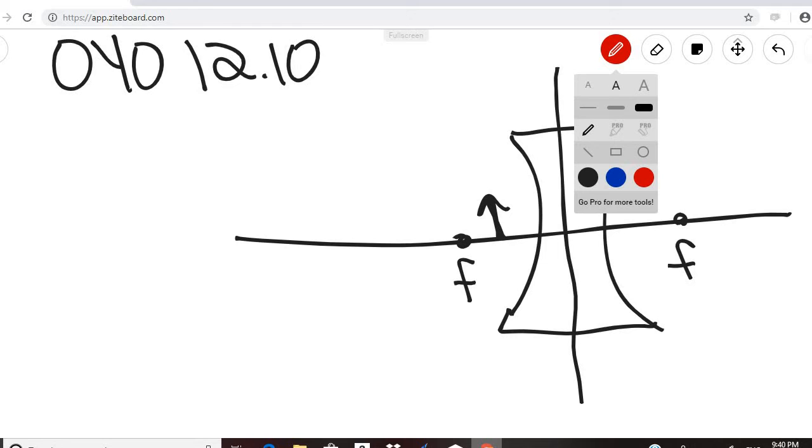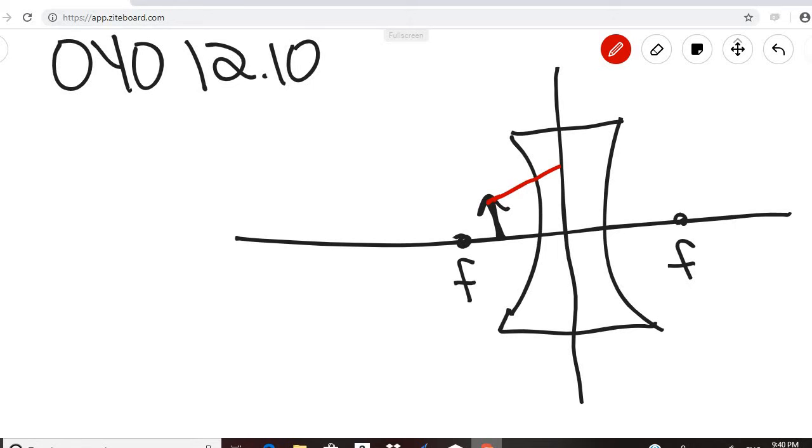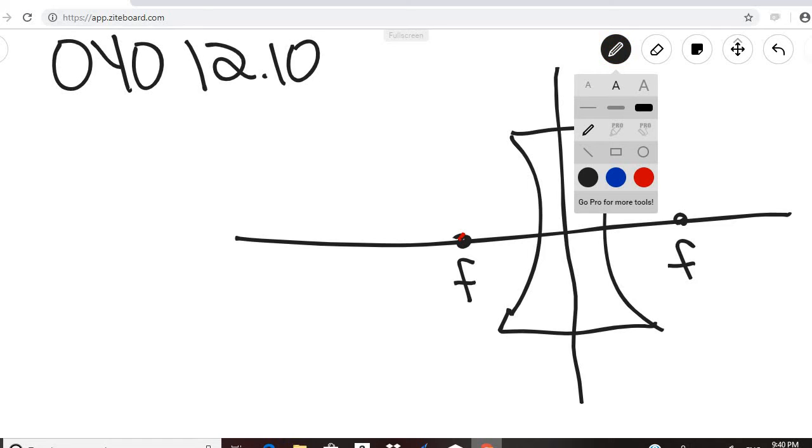The first one will go in as if it came through the focal point, and it's going to diverge. Let's erase that one and do the other one first. Let's start over here.